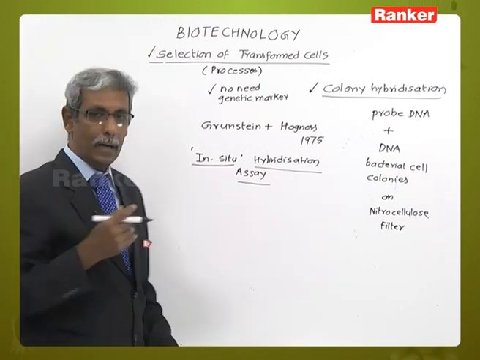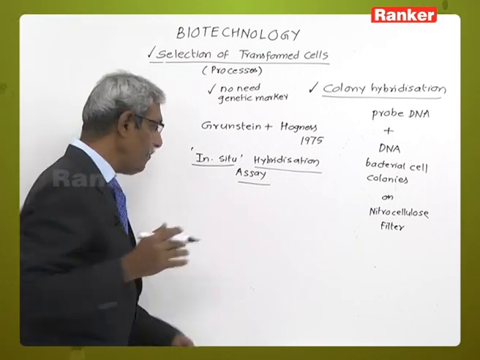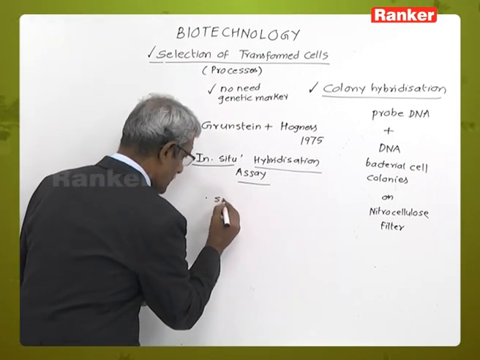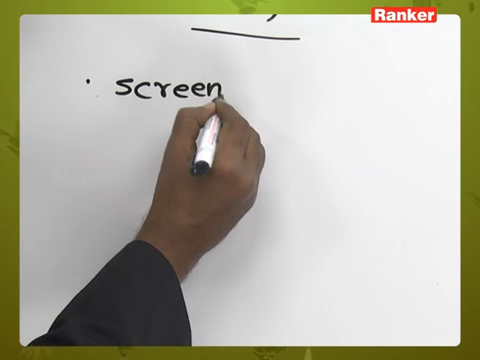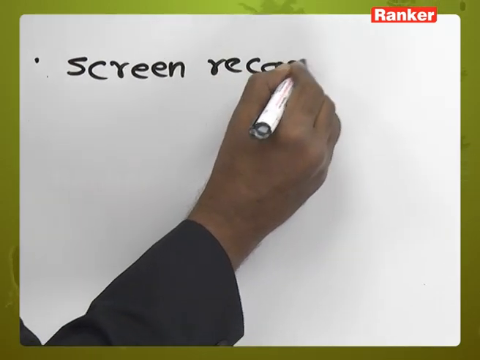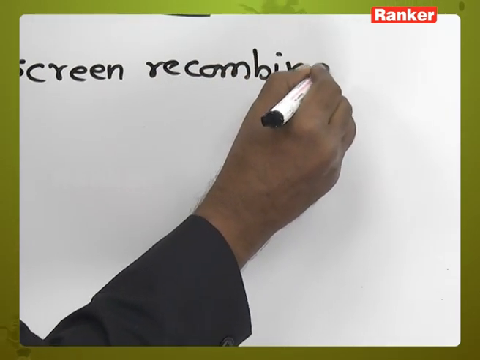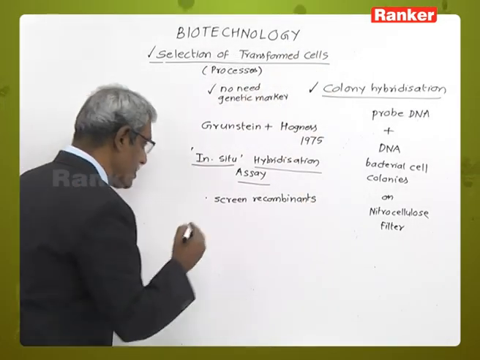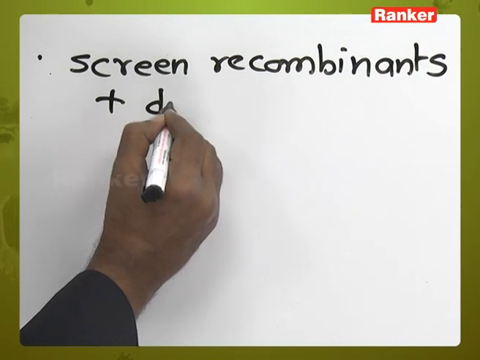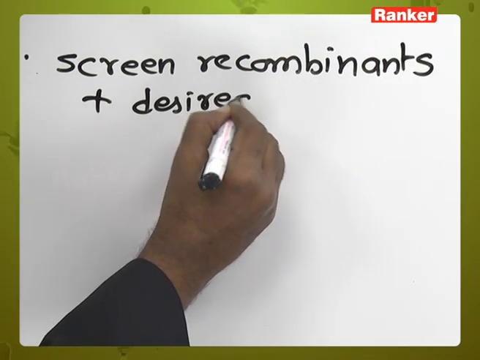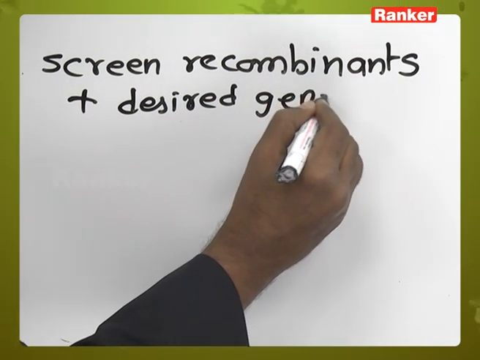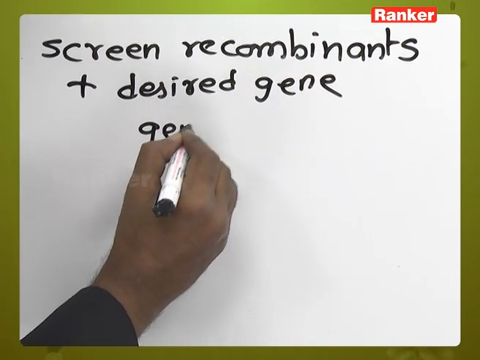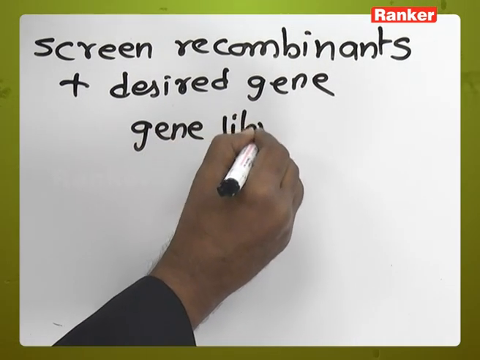So, thereby here primarily we understand that if we want to screen recombinants, that is, you want to exactly detect how many recombinants are there. You want to screen recombinants which have the desired gene from a gene library, from a collection of gene library.